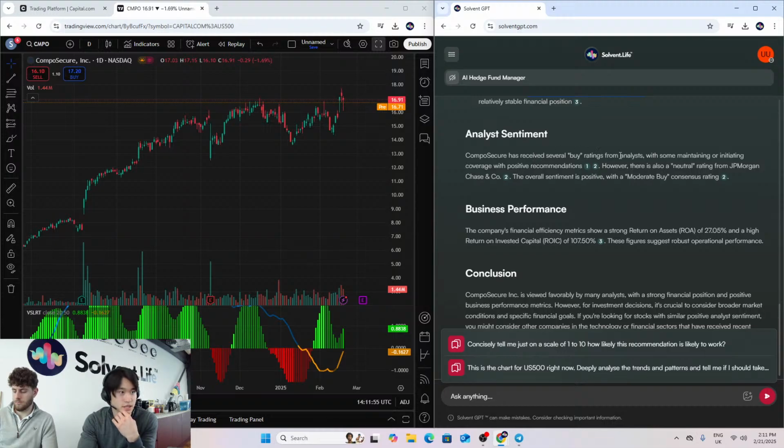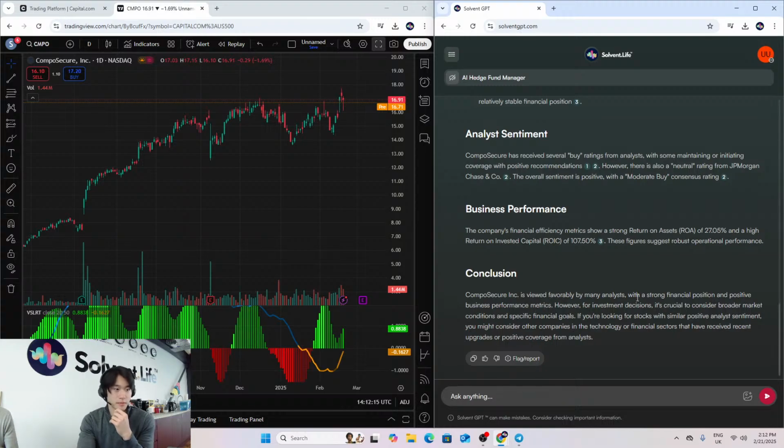The sentiment is buy, and JP Morgan is currently neutral. So we're floating around the buy, neutral, and moderate buy regions. Conclusion: viewed favorably by many analysts.